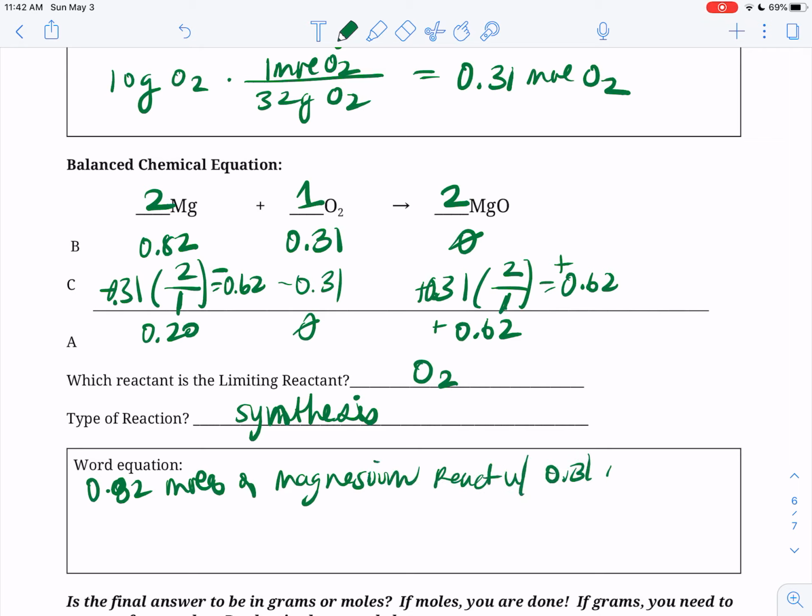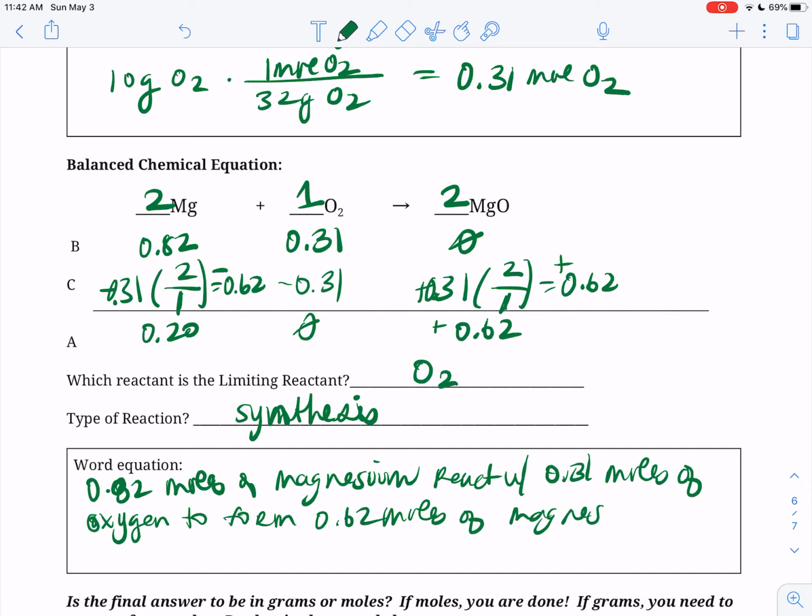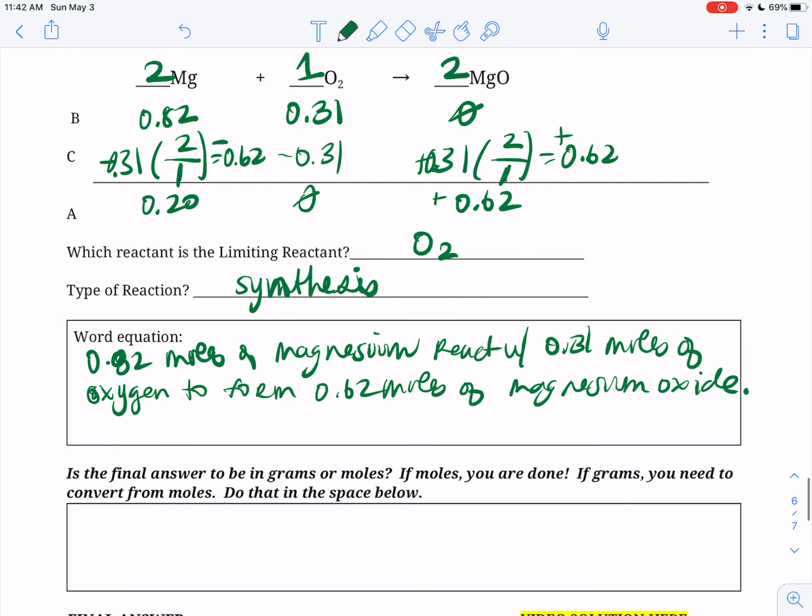React with 0.31 moles of oxygen to form 0.62 moles of magnesium oxide, right? No Roman numerals needed because magnesium is always a +2, okay? There are 0.20 moles of magnesium remaining.